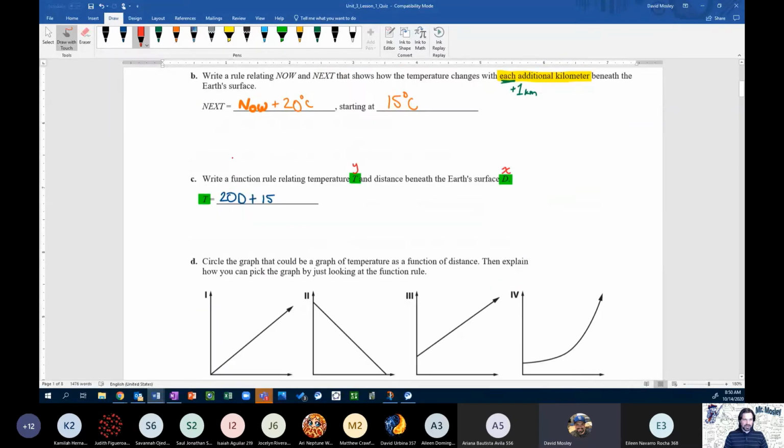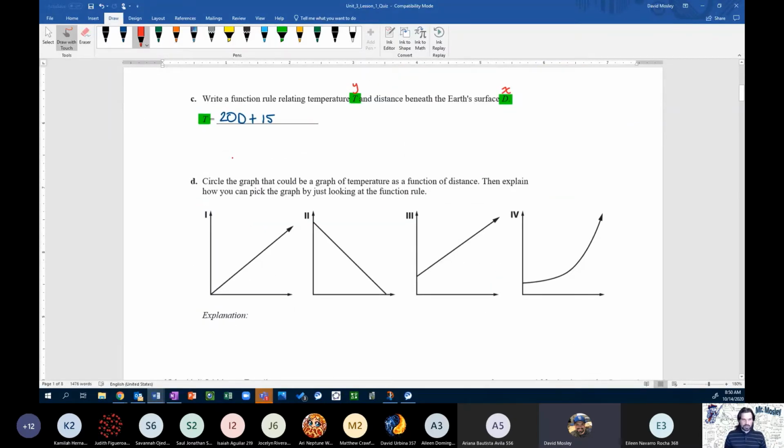It's going to be the same graph no matter which representation we're looking at. So we have to pick which graph and then explain. Moving from left to right, should we be increasing? Like, should the arrow be going up, or should the arrow be going down? Are we increasing or decreasing?